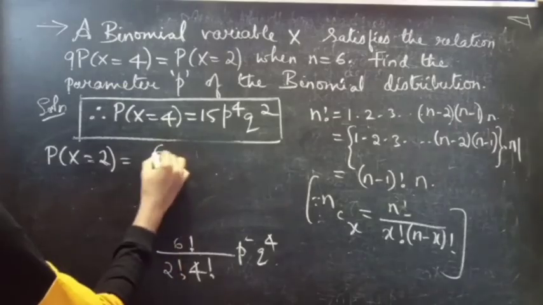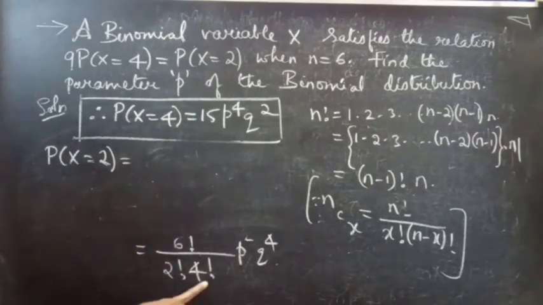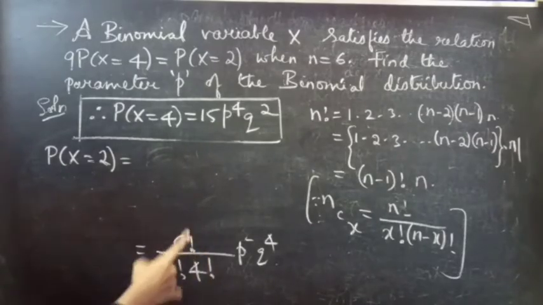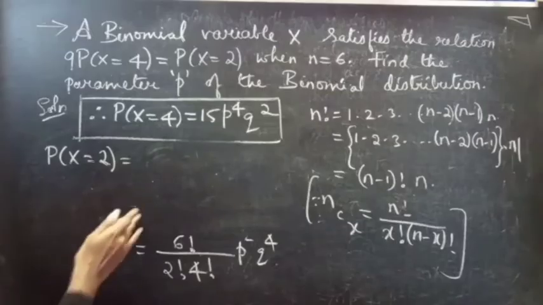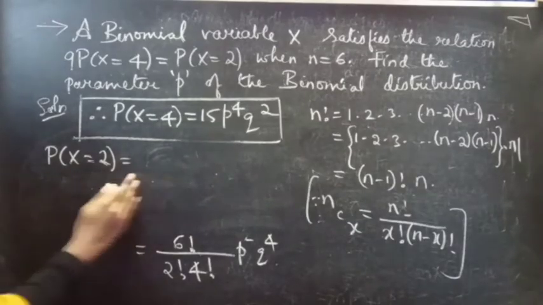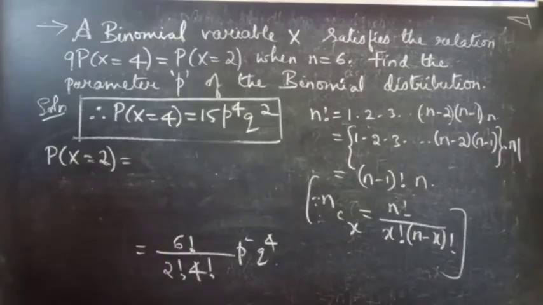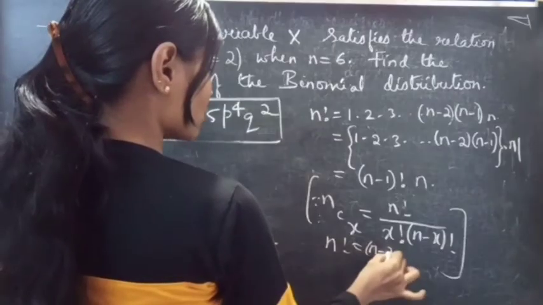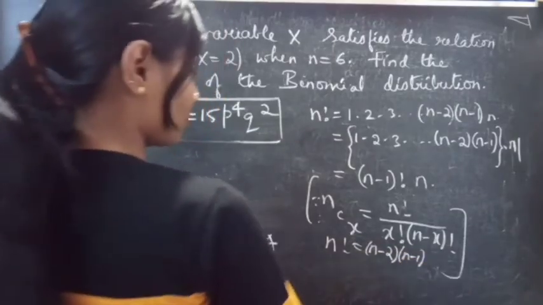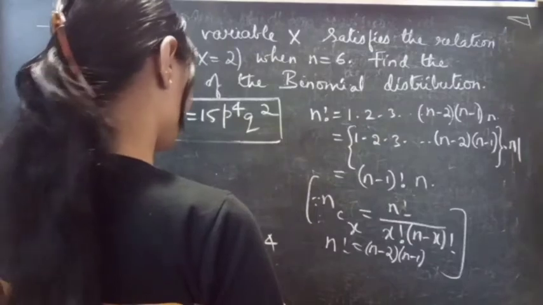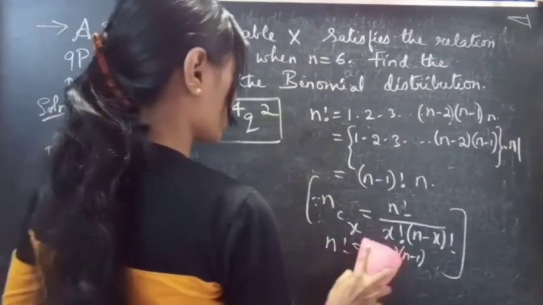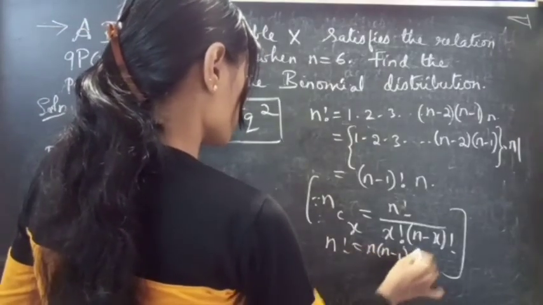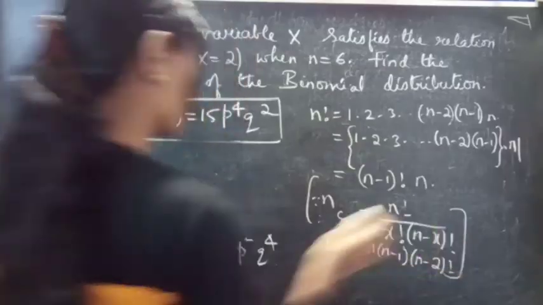So this is equal to 6 factorial. In the denominator you have 4 factorial, so you can reduce the 6 factorial in terms of 4 factorial using the formula n factorial equals n into n minus 1 into n minus 2 factorial.